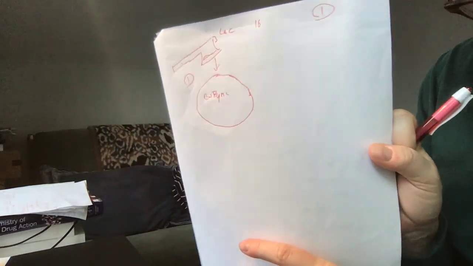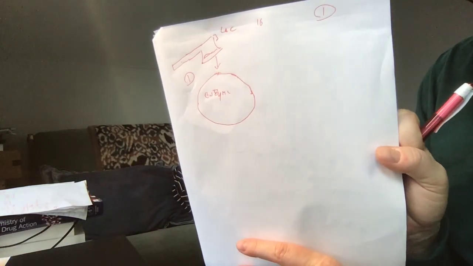What we're going to do is take our tiny, tiny little axe here, and cut sections. We're going to chop this enzyme up into pieces.